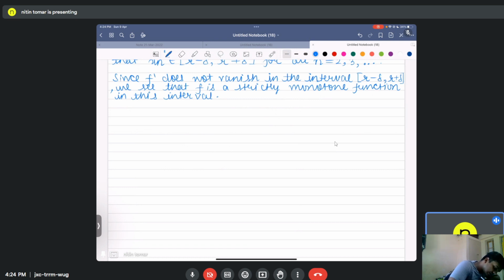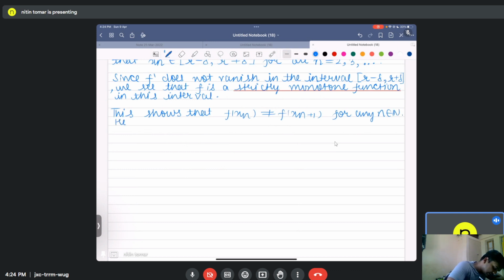So hence it is a monotone function in this interval. This shows that it is 1-1. A strictly monotone function is 1-1. So this shows that f is 1-1. What does it mean? That f of xn cannot be equal to f of xn plus 1, because xn is not equal to xn plus 1, for any n in the natural numbers.